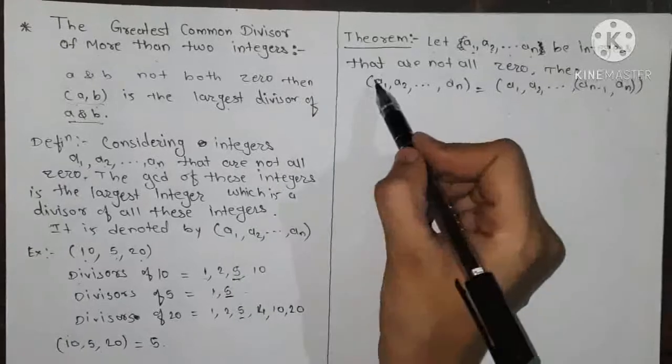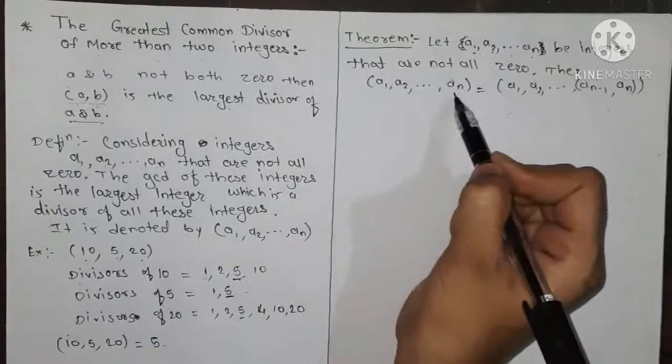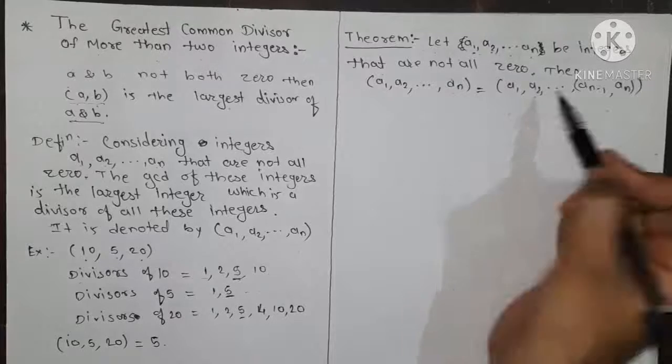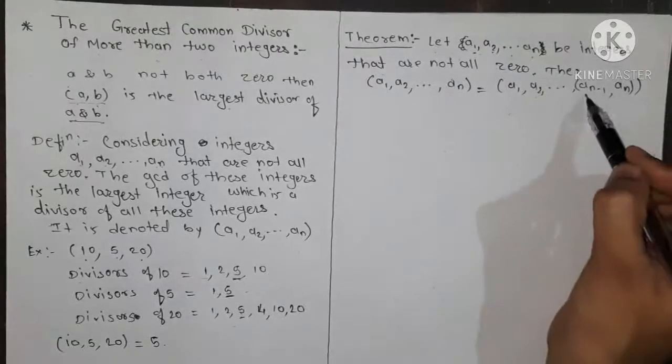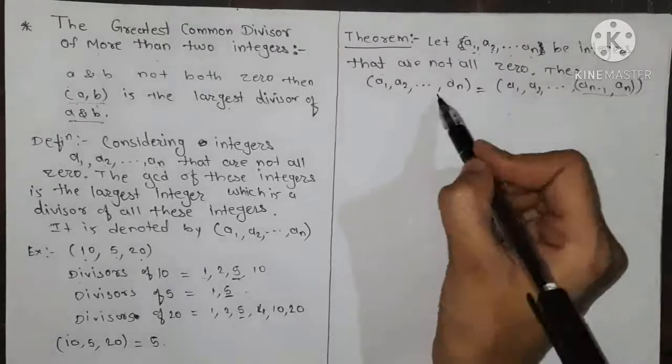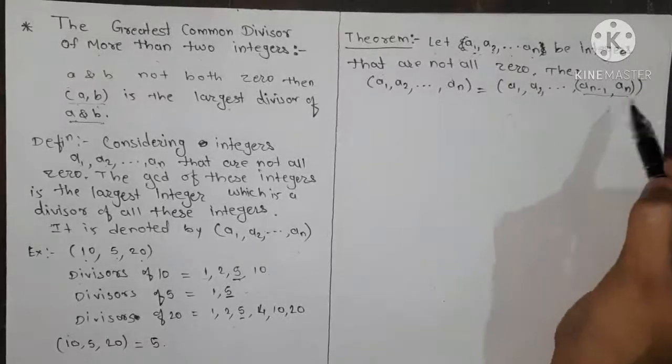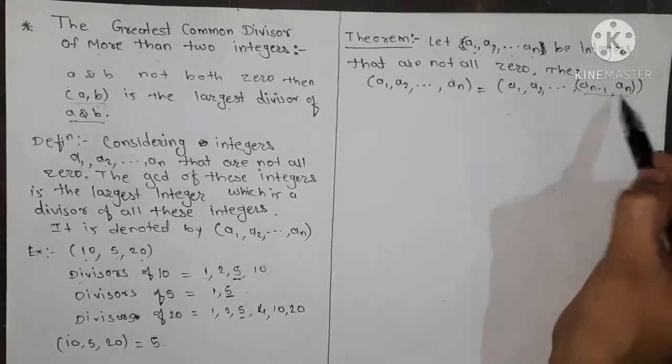Then the GCD of a1, a2 up to an is equal to the GCD of a1, a2 and so on, where we find the GCD of the last pair, an minus 1 comma an, and then we find the GCD of all the integers.